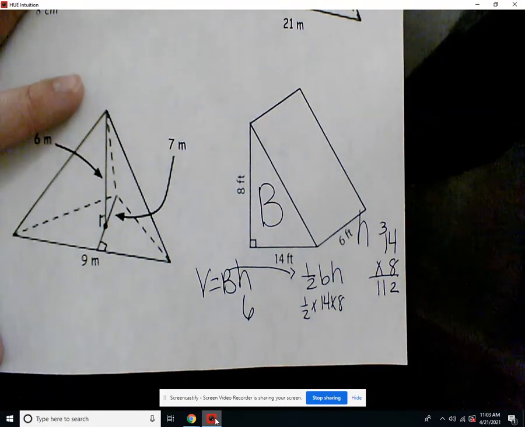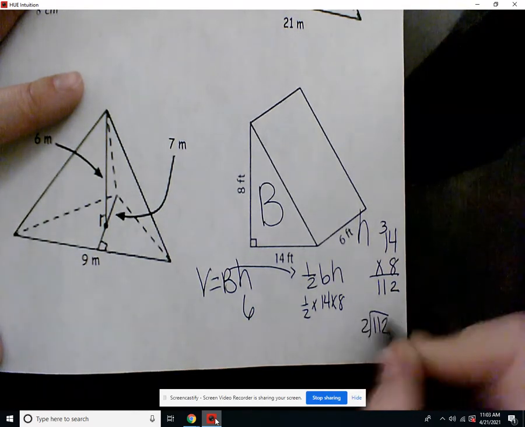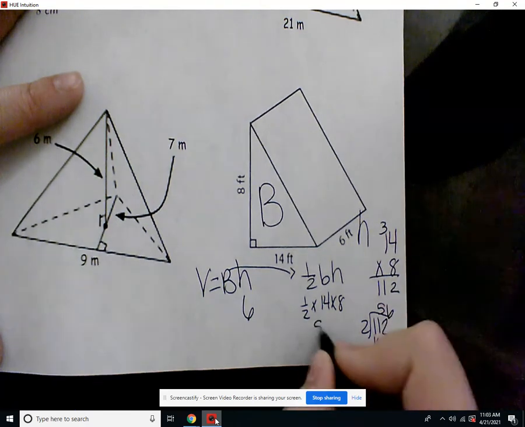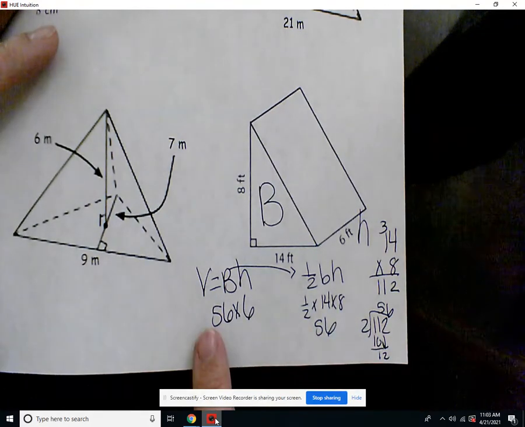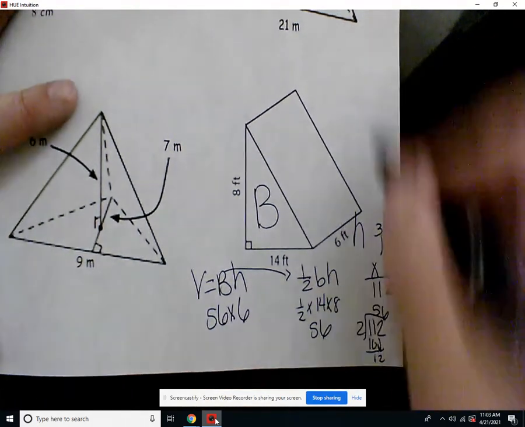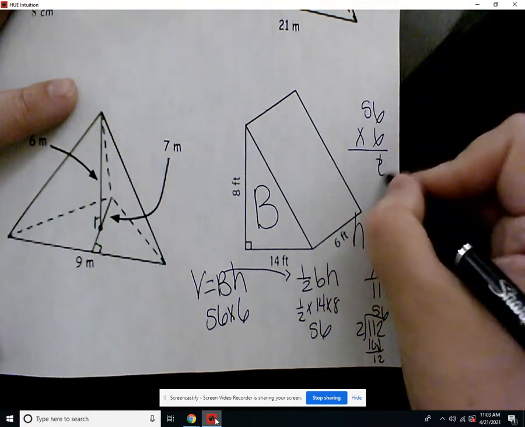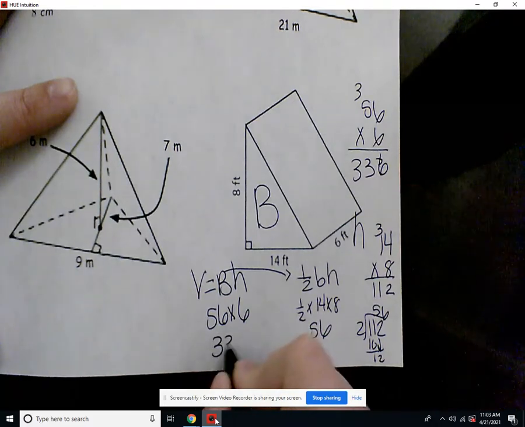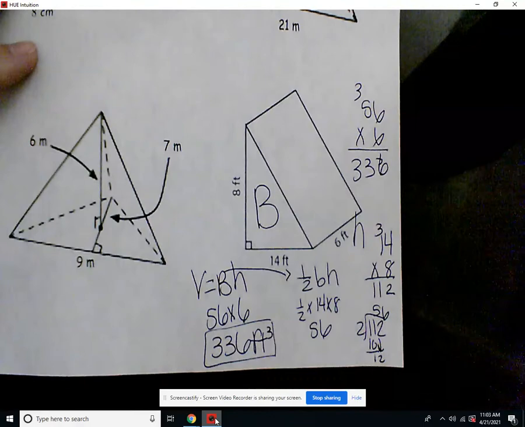And then we're going to cut that in half, which is 56. And so my B is 56, my H is 6, and so we're going to multiply that together, and then we'll get our answer, which is 336 feet cubed.